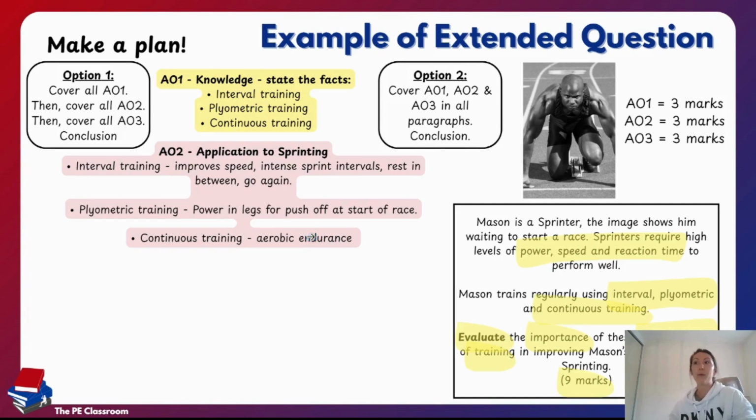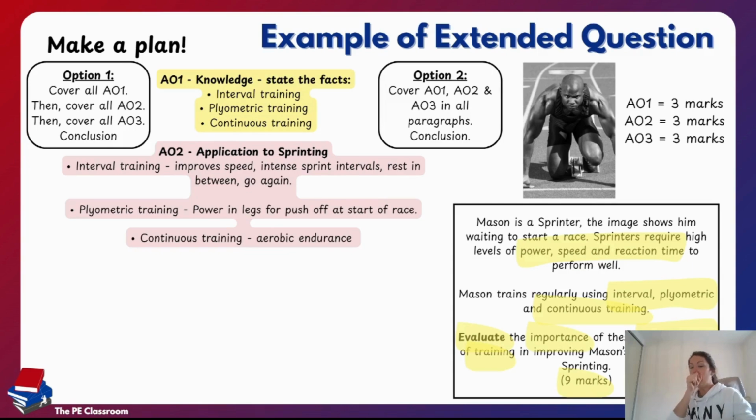Plyometric training improves power in the legs, which he needs for a push-off at the start of the race, so out of the starting blocks. So again, it's showing that you are applying your knowledge of plyometric training to the fact that a sprinter needs power and they need it for that push-off at the start of the race. Continuous training, linking it to aerobic endurance.